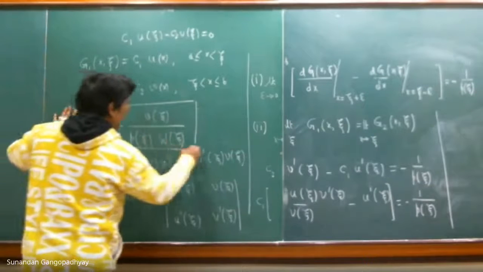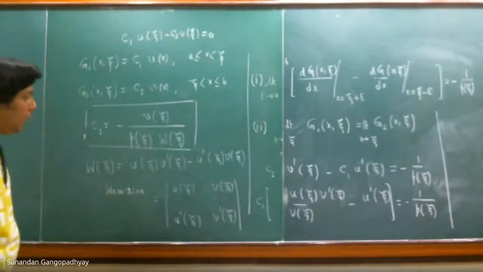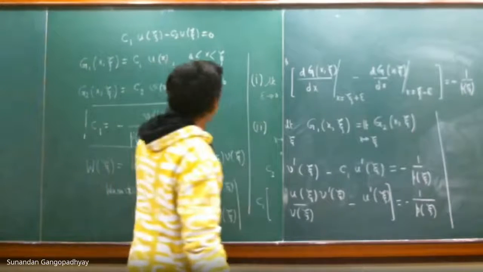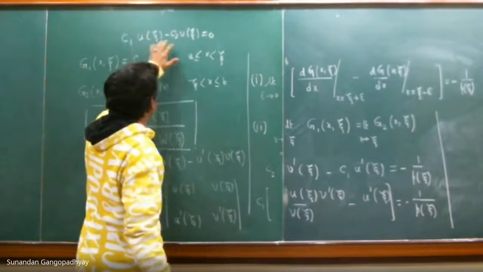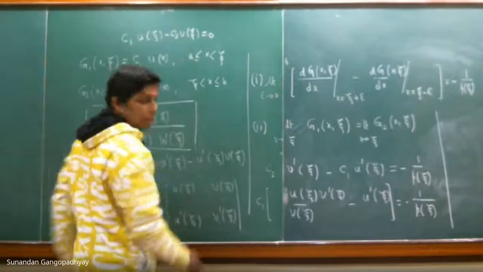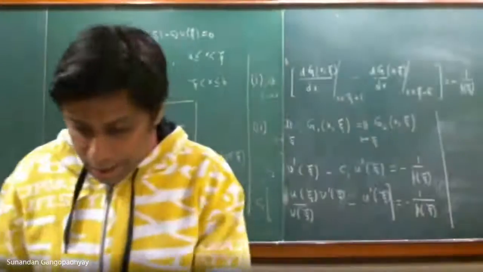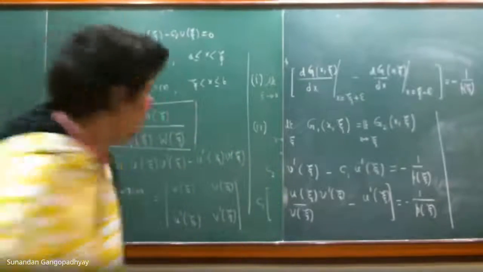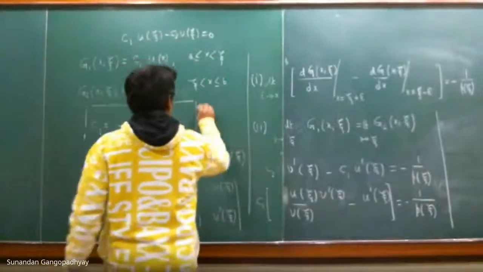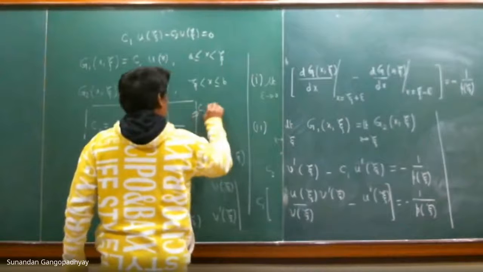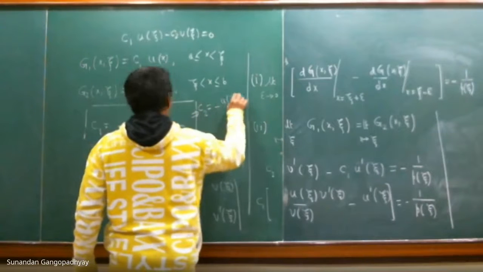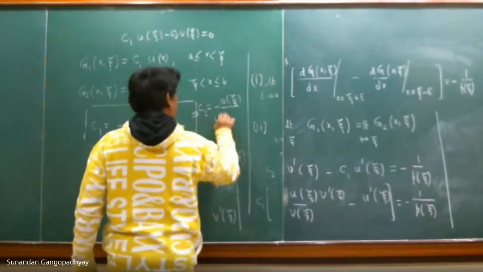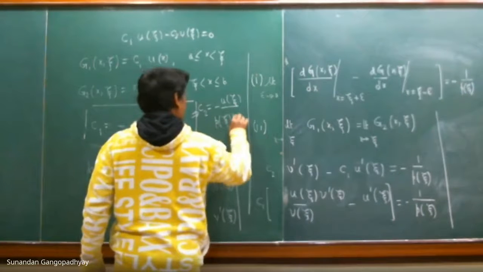Okay, this is the value of C1. Now you can substitute this value of C1 in this equation, and you can calculate what C2 is. So C2 is U of xi by P of xi, W of xi.